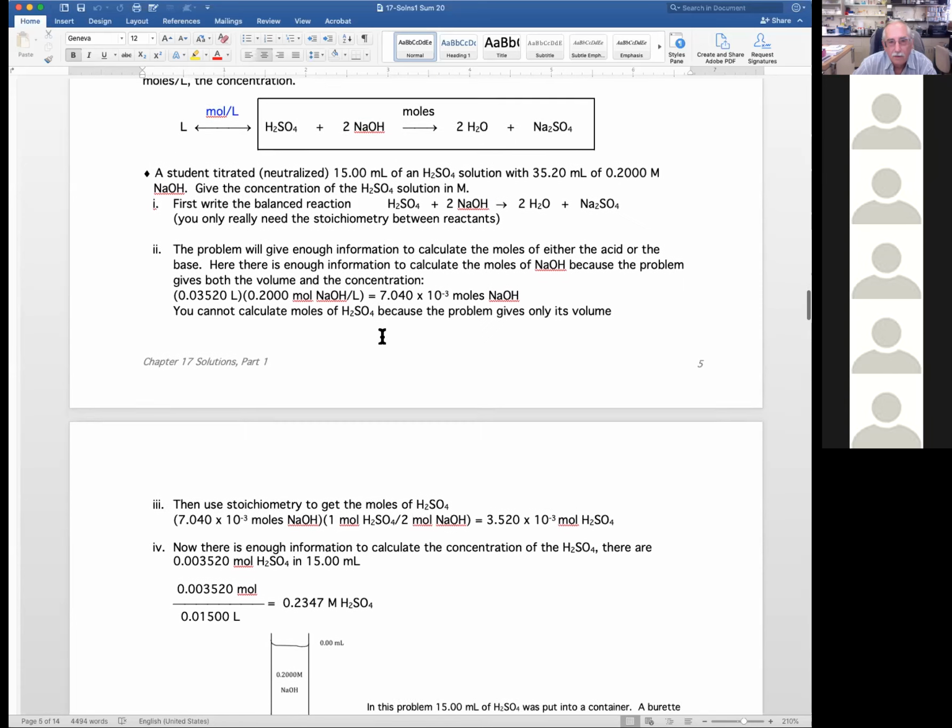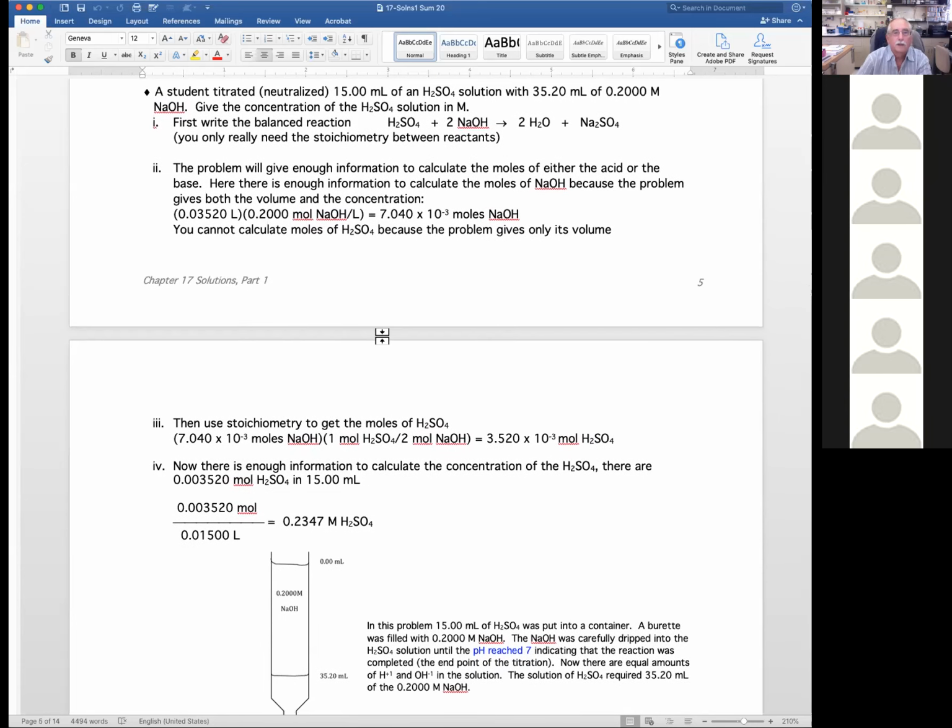Then we have to look at the problem. We don't have enough information to get the moles of the acid. We only have the volume. They're asking us to come up with the concentration, moles per volume. But we do have everything we need to calculate the moles of the base. Here's the volume, essentially liters, and here's moles per liter. So we can get moles of the sodium hydroxide.